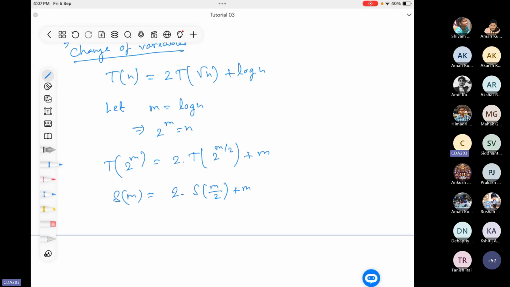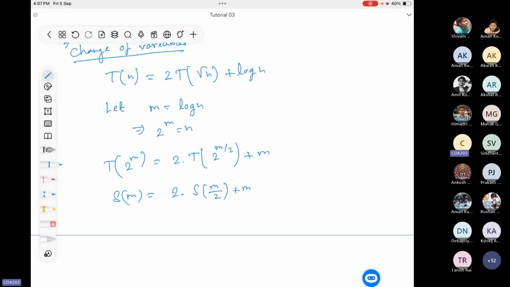Can you find the similarity between these two functions?